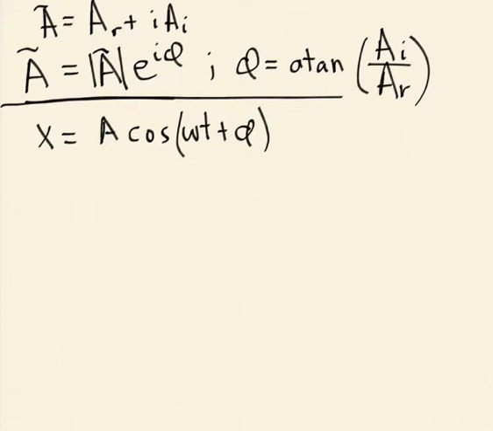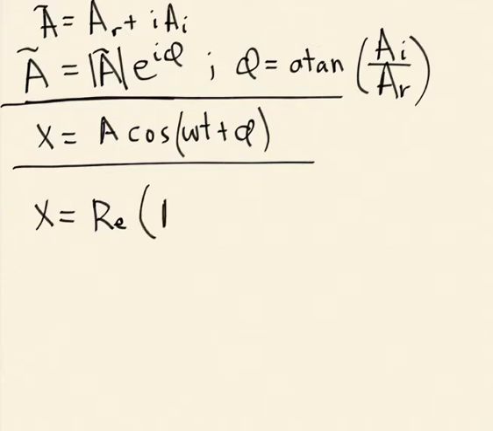Let's start with the following. If I have x, which is real, what I'm going to do is say, let's take the real part, which I'll denote as Re, of some complex number a twiddle times e to the i omega t.